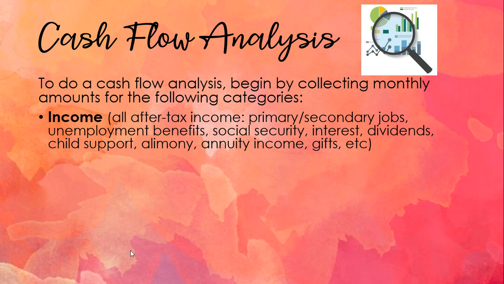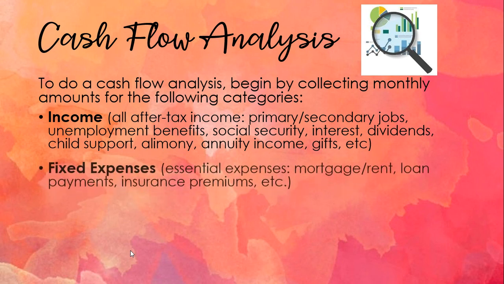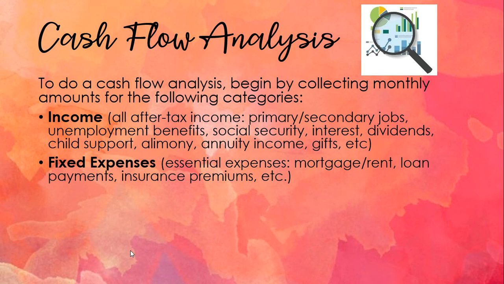Any interest you're earning, dividends, perhaps child support, alimony, annuity income, gifts, etc. Most of us starting out are really just going to have a primary job, but keep in the back of your head that if you continue to do this throughout your lifespan, these could potentially be different areas of income for your cash flow analysis.